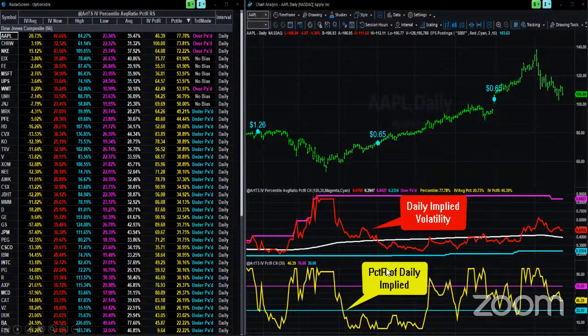Here you can see that this is the percent R for 30 bars, and that value is 46 right now, and it's 46 in this indicator. It's the same calculation, of course. And again, we're looking at the percent R, whether it's overbought or oversold, just like we would if we were looking at prices. But this is telling us whether the implied volatility for the options for Apple is overbought or oversold. That's the concept here.